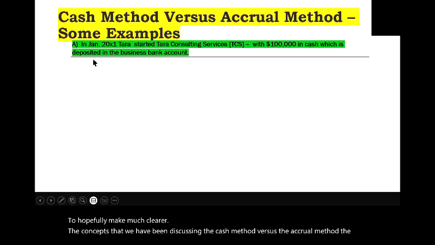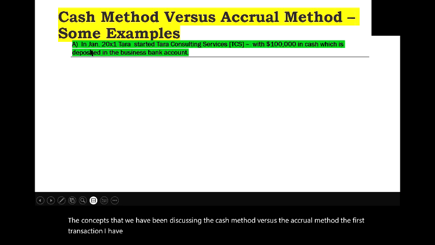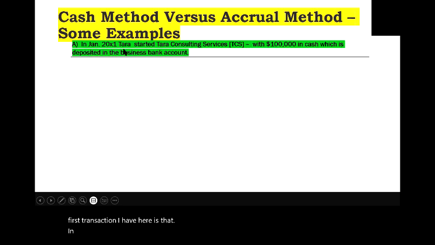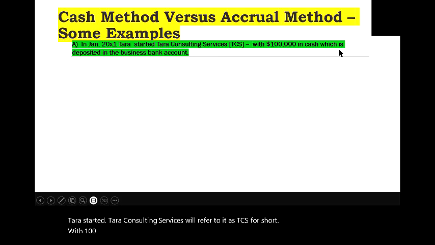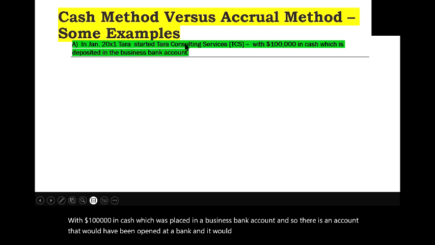The first transaction I have here is that in January 20X1, Tara started Tara Consulting Services, we'll refer to it as TCS for short, with $100,000 in cash, which was placed in a business bank account. And so there is an account that would have been opened at a bank, and it would be in the name of Tara Consulting Services.